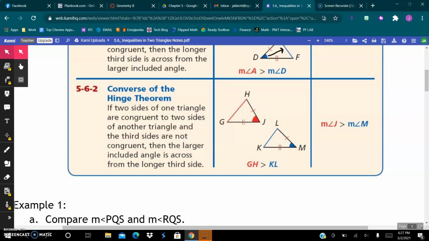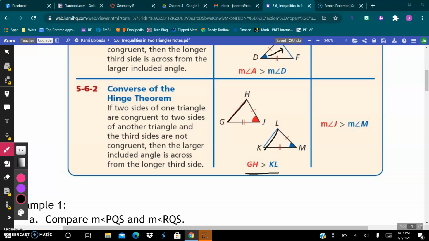So now we're looking at the sides and deciding which angle is larger. We know that HG is bigger than KL. If we know that, then the angle opposite that longer side, which would be J, has to be bigger than the angle opposite of the shorter side.